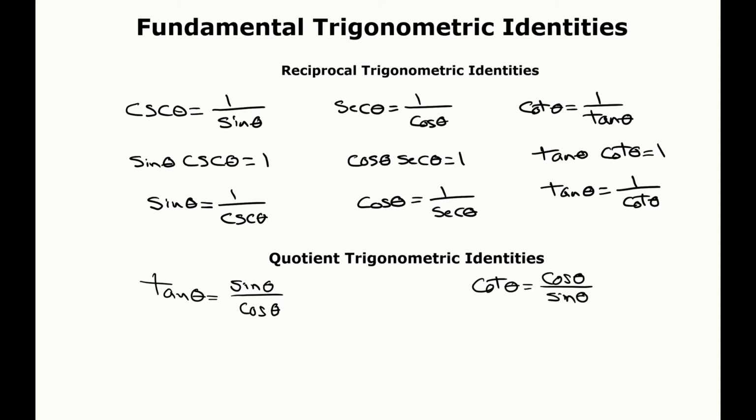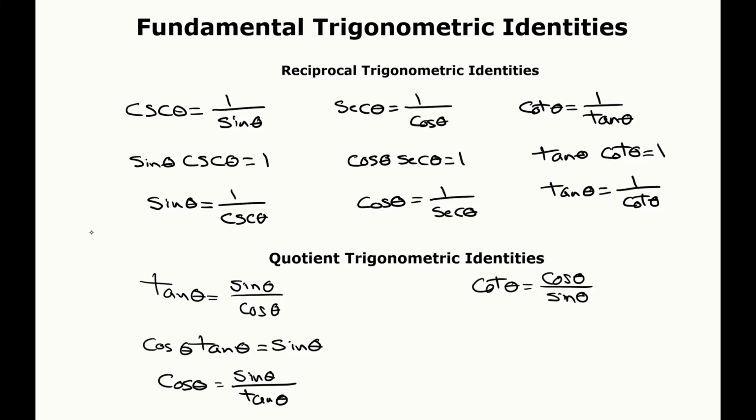So if we go ahead and cross multiply again after imagining a 1 under both tangent and cotangent, we get cosine theta tangent theta equals sine theta, and we can also, for instance, solve this for cosine theta and get cosine theta equals sine theta over tangent theta.